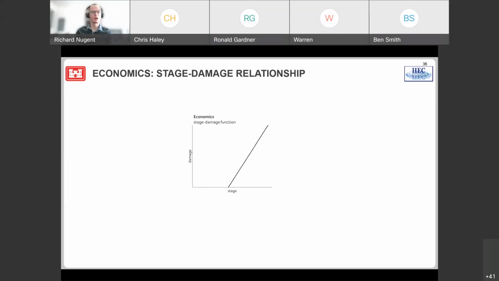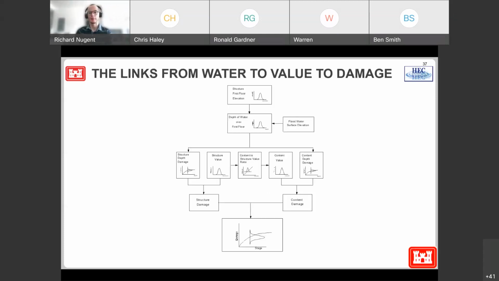Okay, so let's talk about how we put together a stage damage relationship. The stage damage relationship comes from linking water to structure and content value to damage. So first, the distribution of the first floor elevations for a given structure, that's the vulnerability, right?